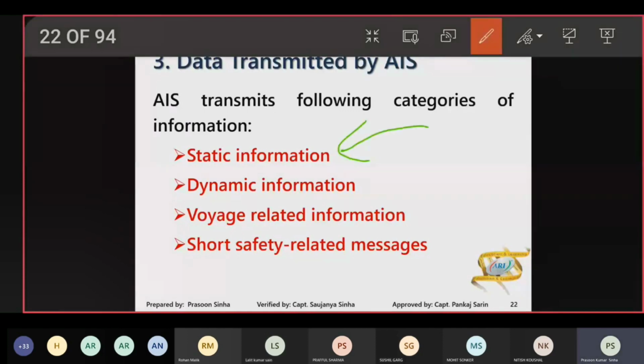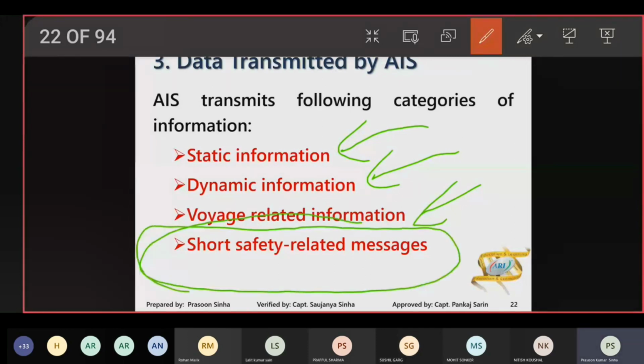And these categories are static data, dynamic data, voyage related data, and additionally there is a feature provided for SMS, AIS, radio communication. We have SMS feature also, like we have it in mobile. We have SMS feature in the AIS also.